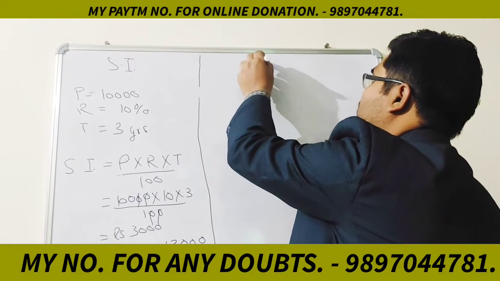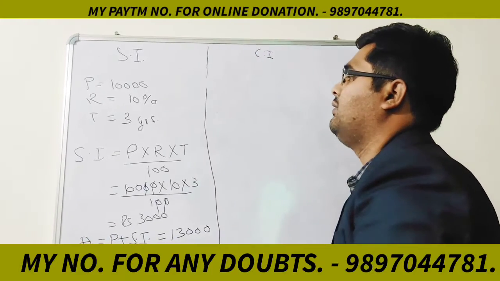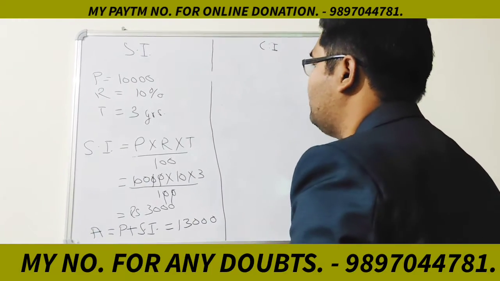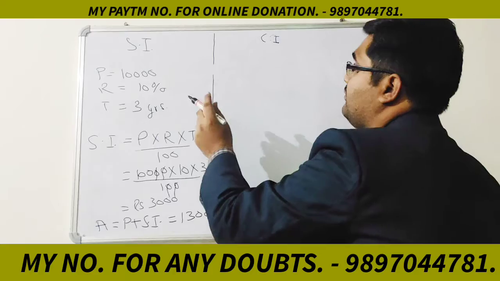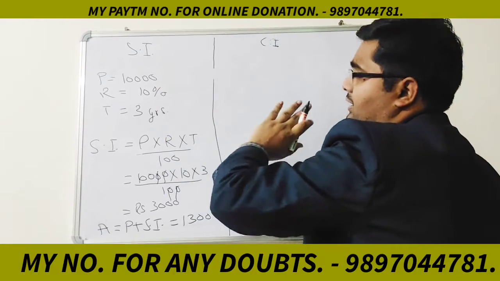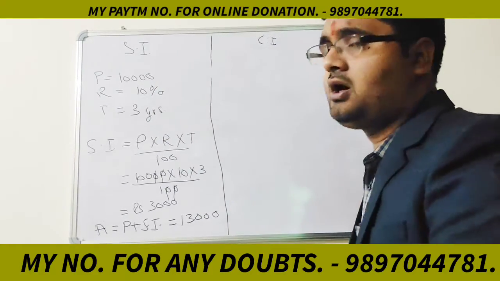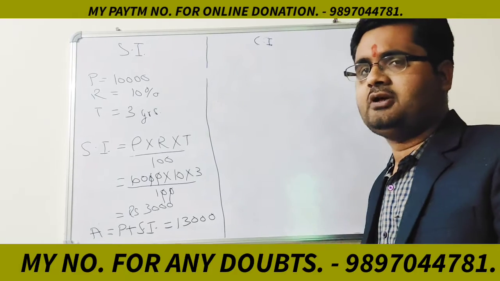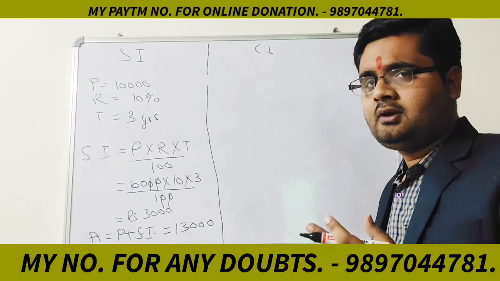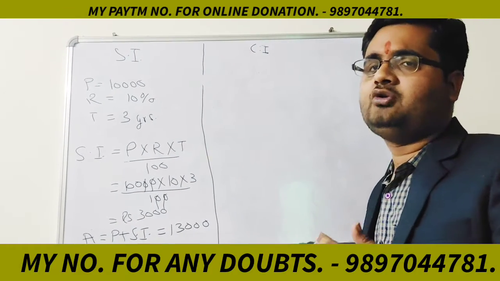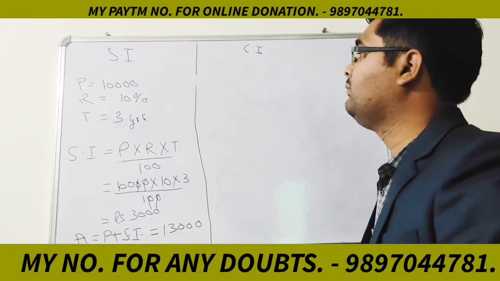So how will I do it? First I will calculate the amount. Earlier I told you how to take out the amount: amount equals P into 1 plus R upon 100 to the power N. After that you can find CI equals A minus P.